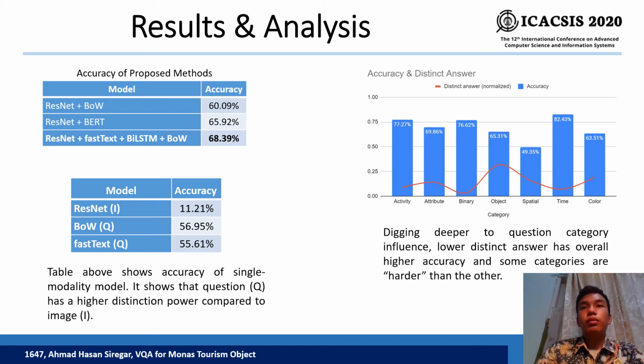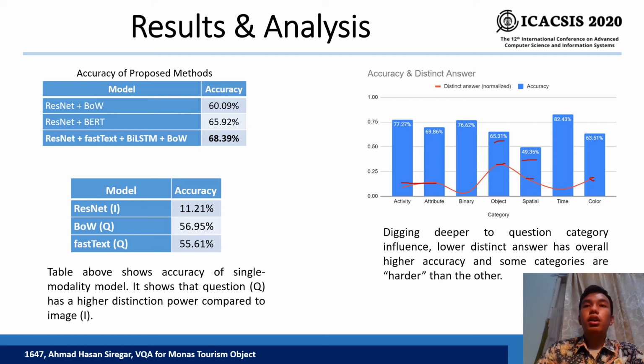We can see that binary and time have the lowest distinct answers and top two accuracy. And then next is activity, attribute, and colors, which have more or less the same distinct answers. And then the interesting part is even though object has higher distinct answers compared to spatial, it has higher accuracy compared to spatial accuracy.